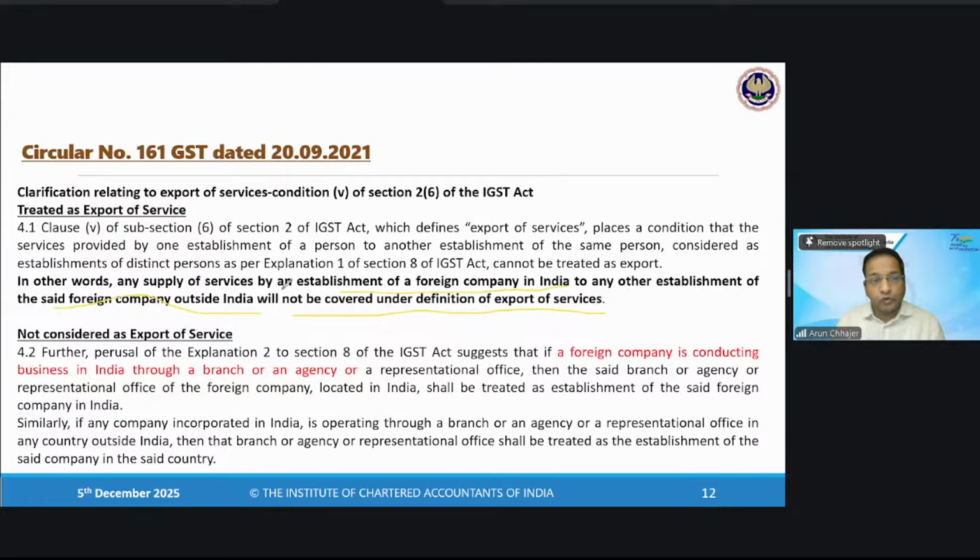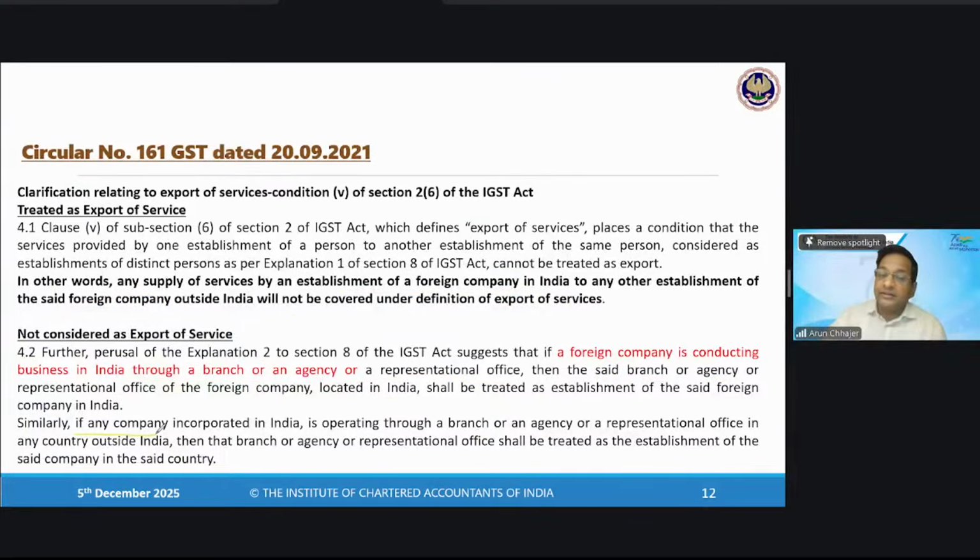Okay. So further, on perusal of Explanation 2, if a foreign company is conducting business in India through a branch, agency or representation office, then the said branch or agency or representational office located in India shall be treated as an establishment of the said company in India.